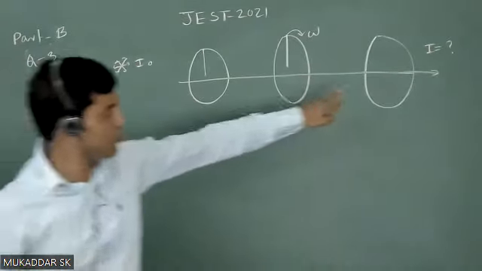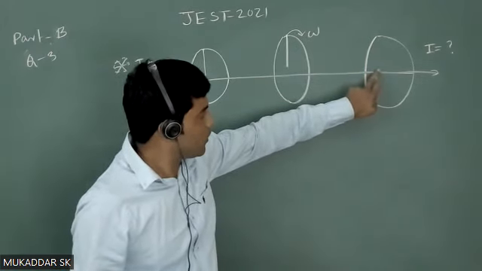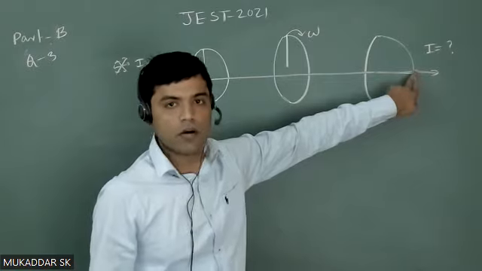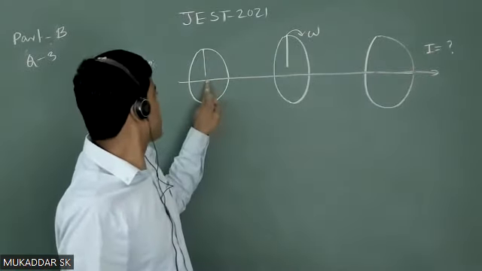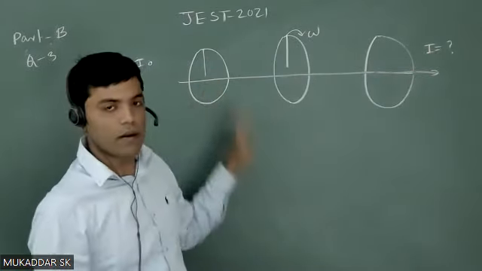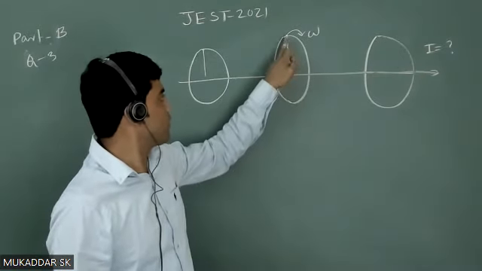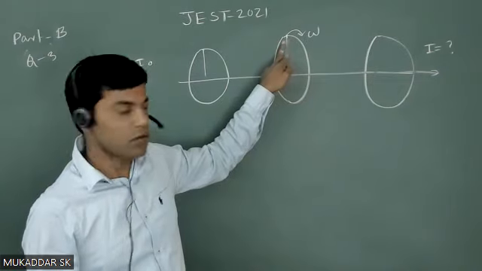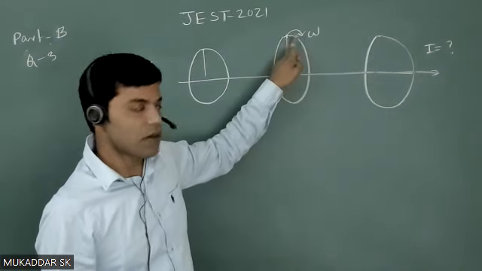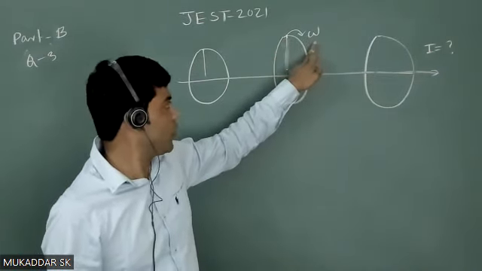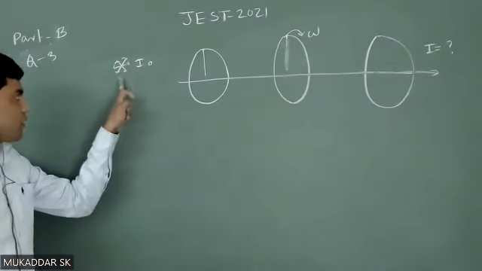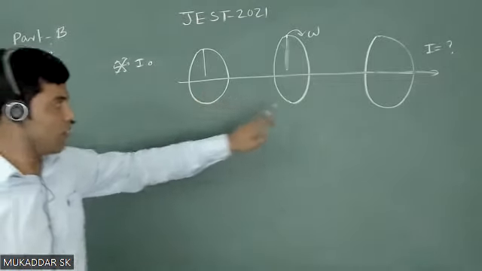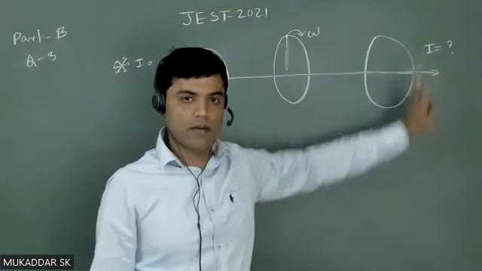You have two crossed polarizers. The pass axis of one polarizer is along the horizontal direction, the other is along the vertical direction, and another polarizer is introduced in between them, rotated with angular frequency omega. So what will be the intensity of the emerging light?